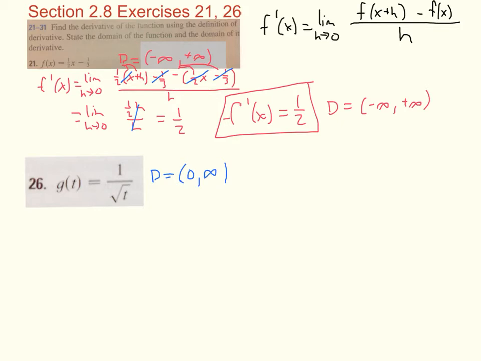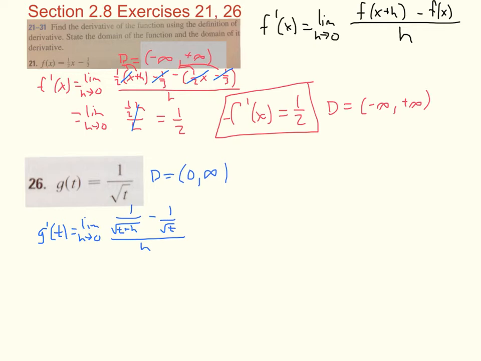And now we use the definition of derivative. So in this case we're going to say g prime of t is going to be the limit as h approaches 0 of f of t plus h, so in this case it's 1 over the square root of t plus h, minus g of t, sorry, 1 over the square root of t, all over h.